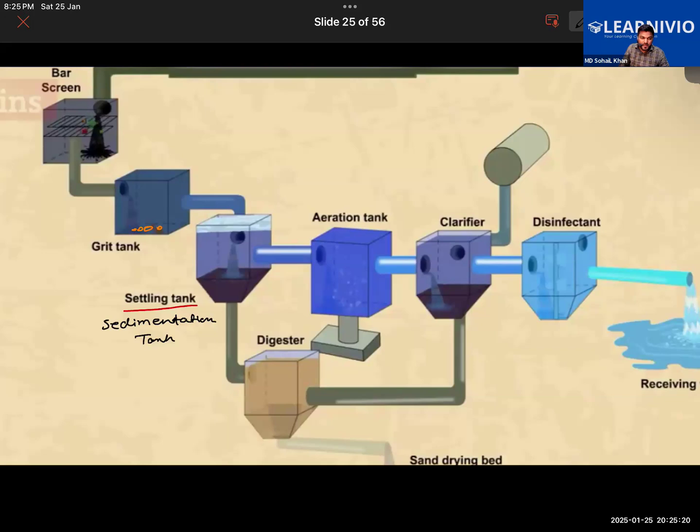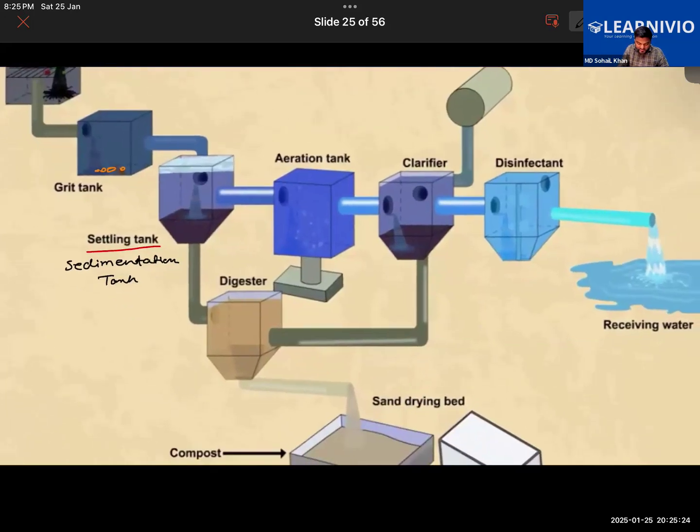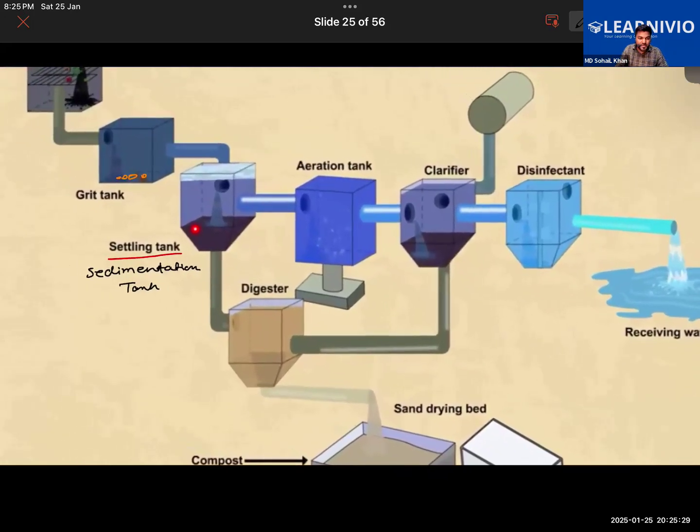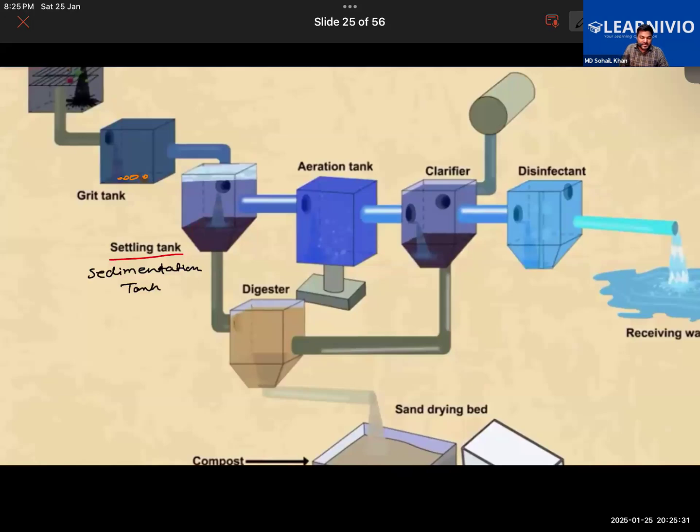So this is the sedimentation tank. There are two sedimentation tanks, and this one is the first. This tank is sloped downwards towards the center. It has solid waste materials like human fecal matter, stool, and animal waste, which will be settling at the bottom.